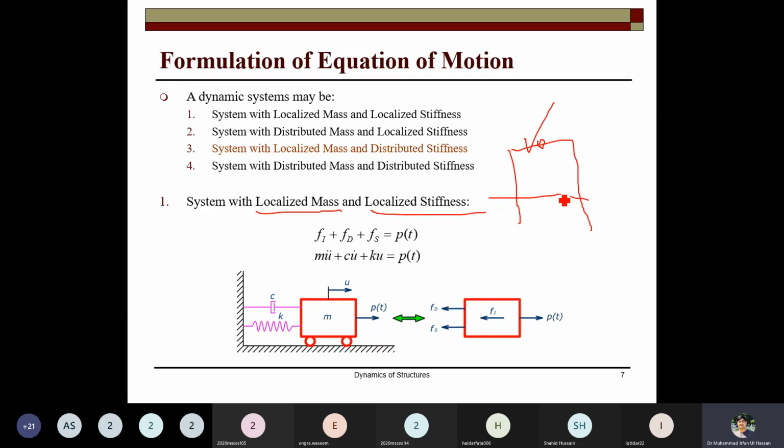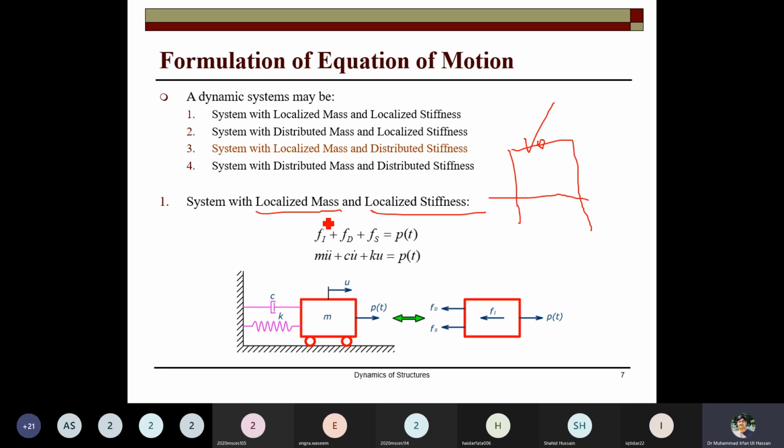We utilize the mass at that level, and similarly the stiffness we consider is that of the columns, and we do not take the internal deformation in the beam. So the stiffness is computed based on a rigid beam.